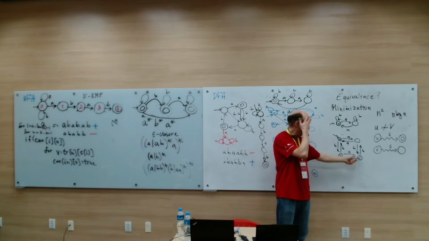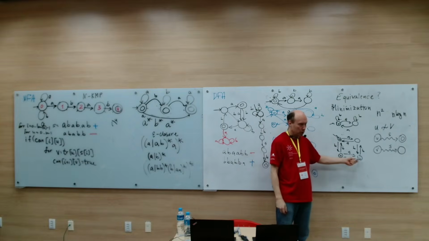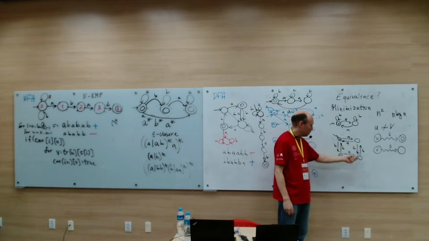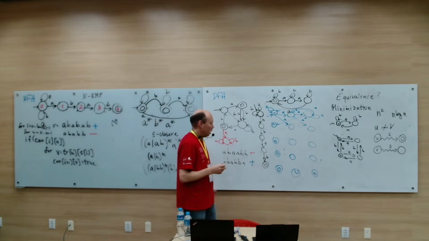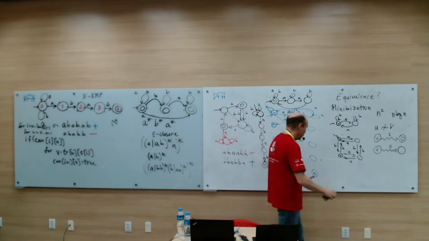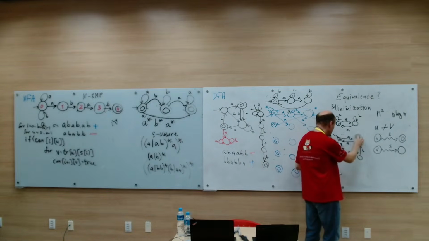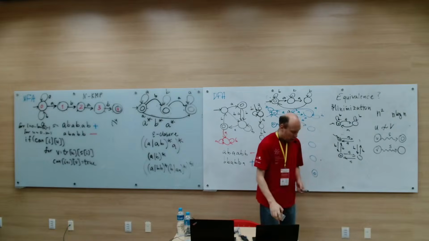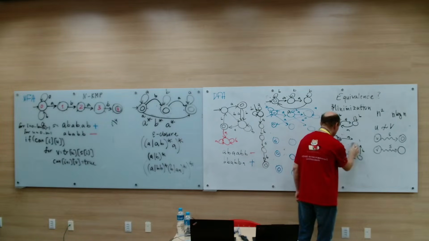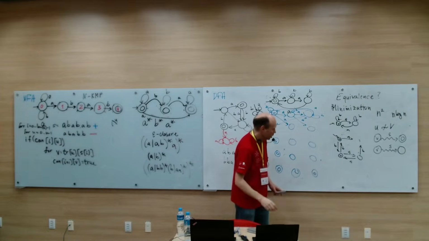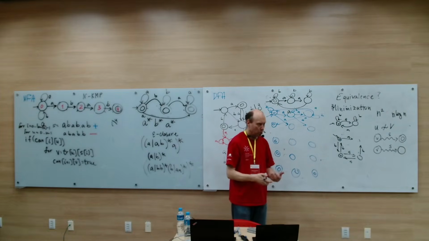From this state and from this state also. If it contains even number of A's, we get to the non-terminal state, from this as well. So these states are equivalent, and we can get rid of one of the states, and outgoing transitions are gone, and incoming transitions are moving to the other equivalent state.